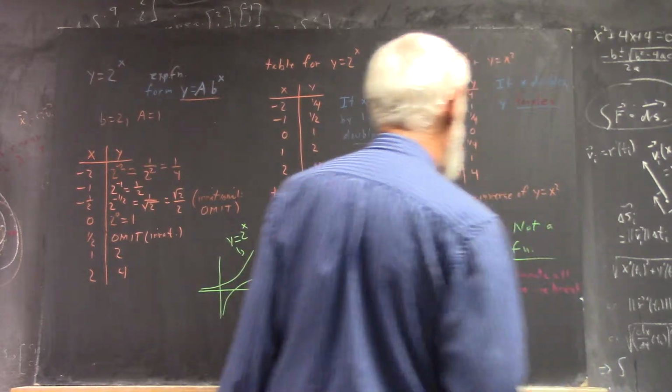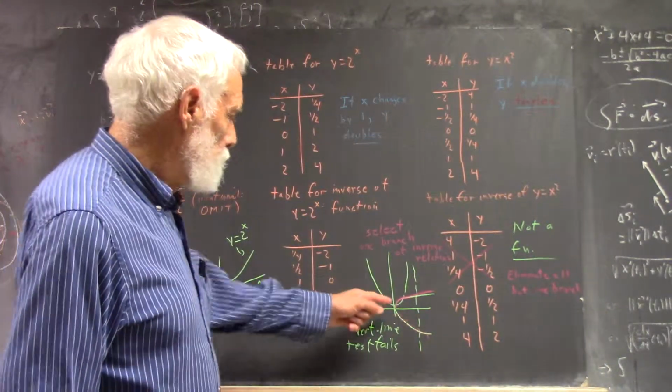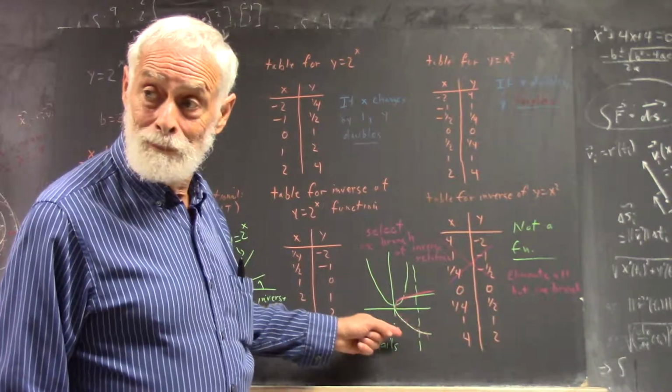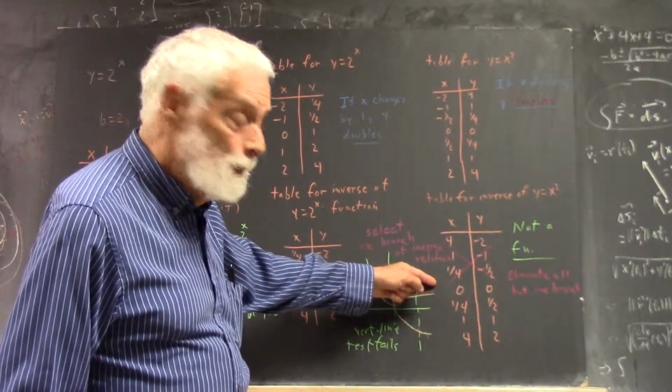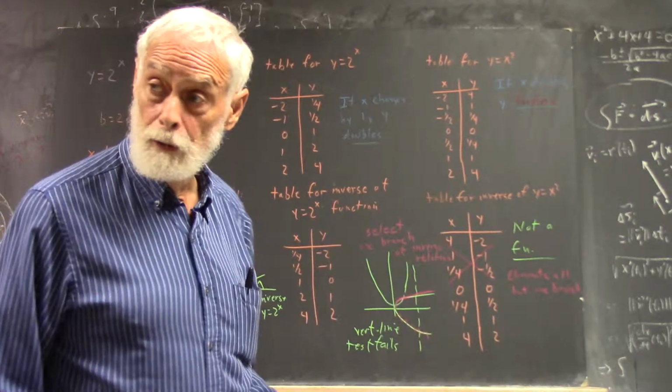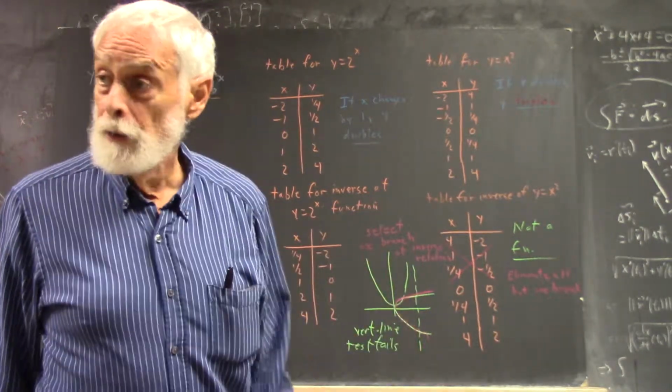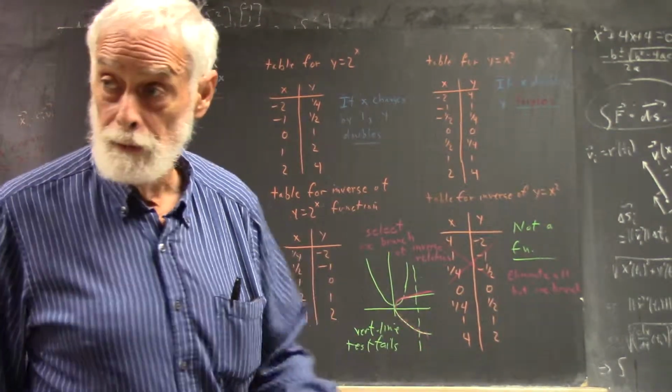We eliminate all but one branch of the function, because you see this thing has 2 branches. It has a branch here, but it has a branch here that messes up your vertical line test, the property this thing has to have in order to be a function.